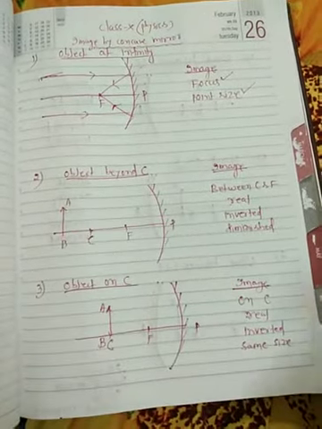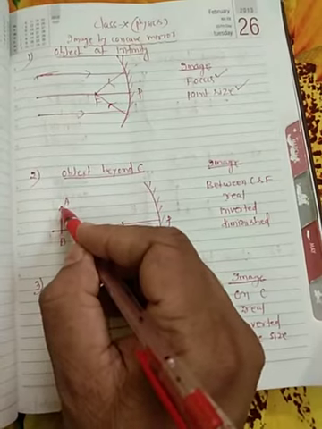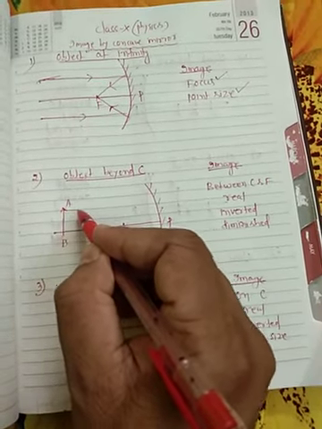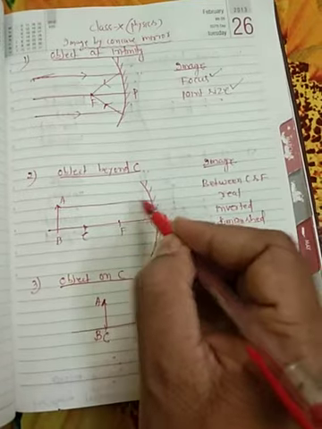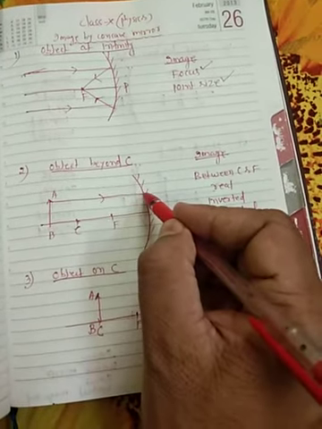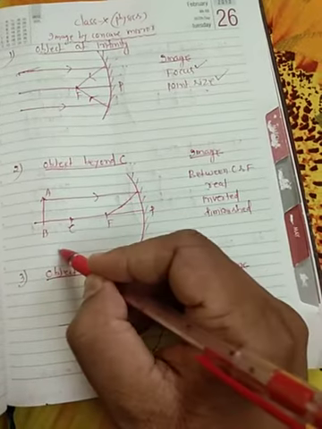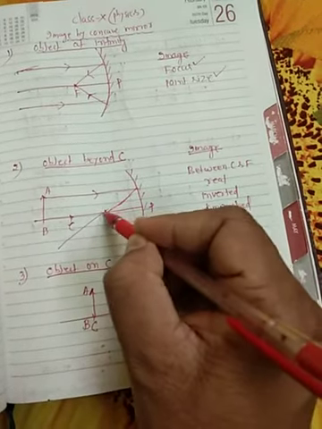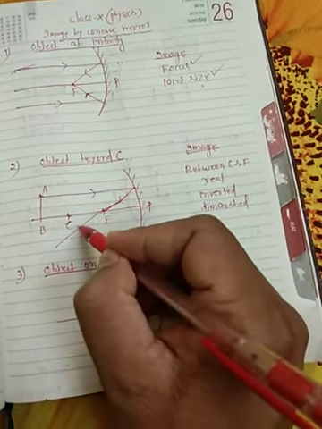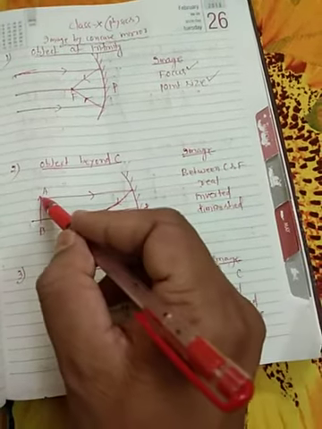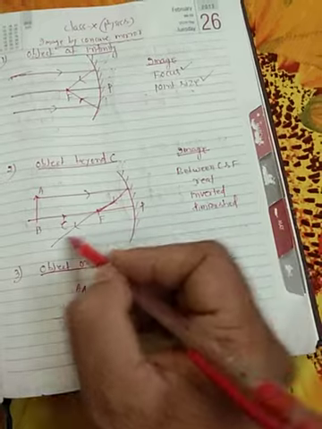So we have to draw the ray diagram first. Suppose we want to trace the position of point A. Take a ray of light parallel to principal axis from point A. After reflection it will pass through focus, because any ray which is parallel to principal axis passes through focus. Second, take a ray of light through focus, it will be parallel.